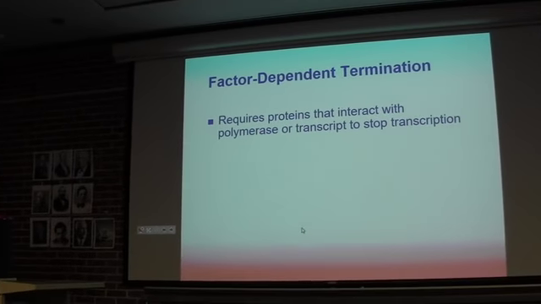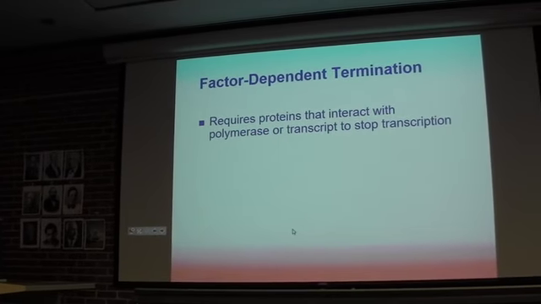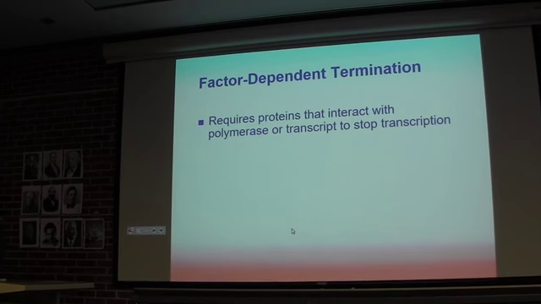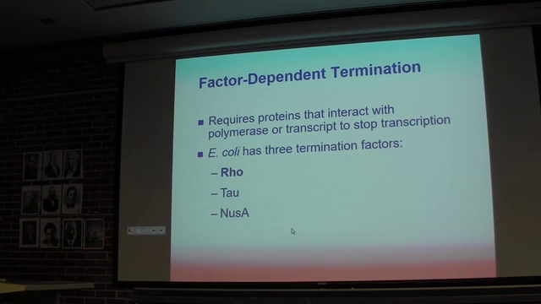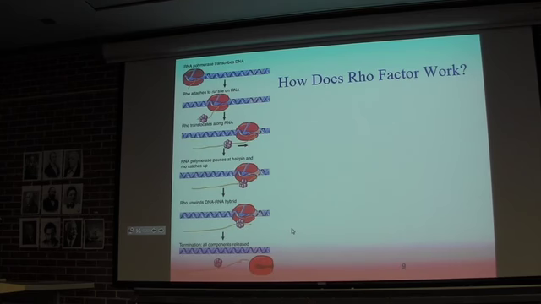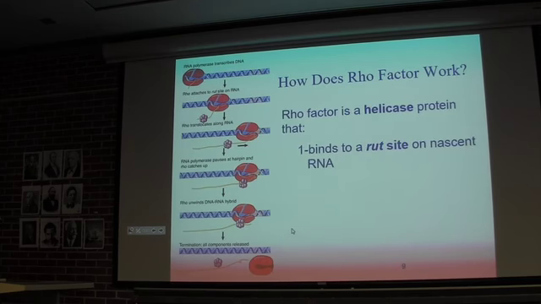Factor dependent requires something in addition to just the transcript and the DNA template. In the one case that we're going to study out of several that are known in E. coli, we're going to only look at rho, the Greek letter rho. How does it work? Rho is a helicase.